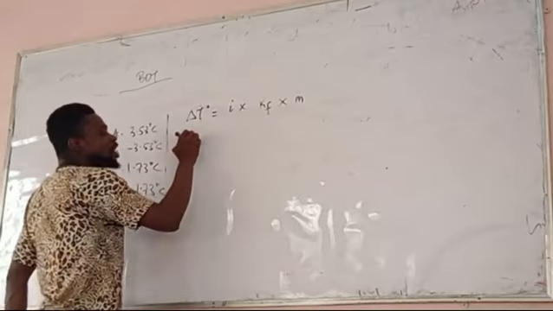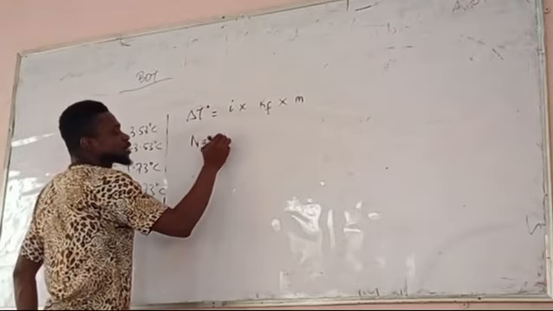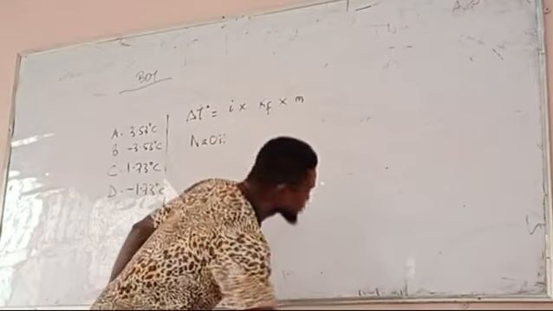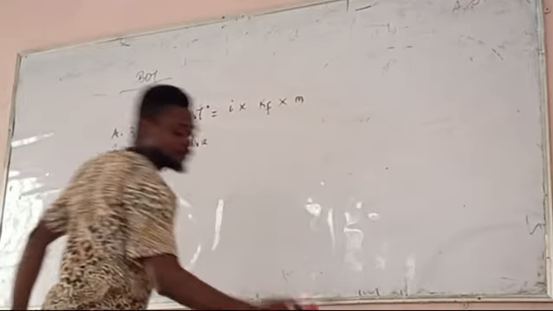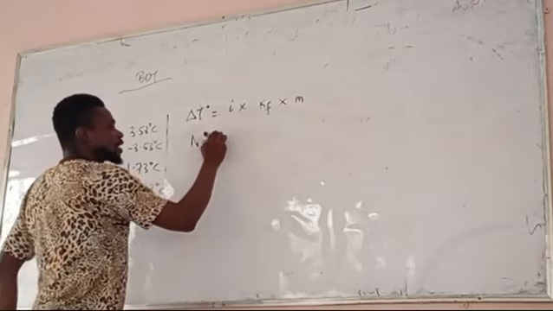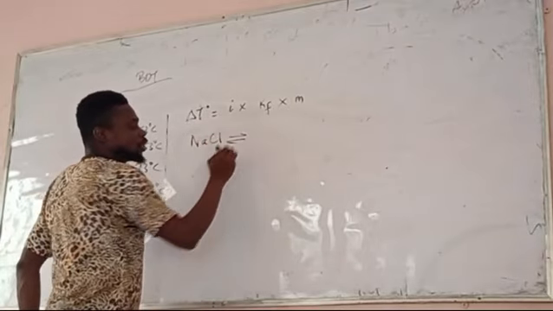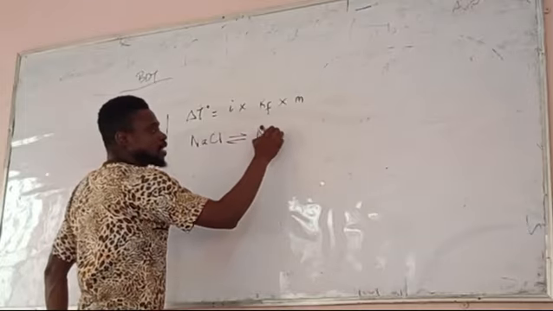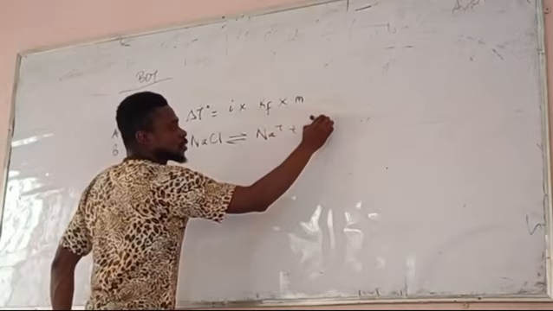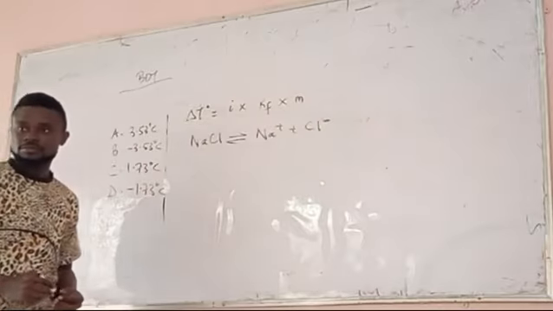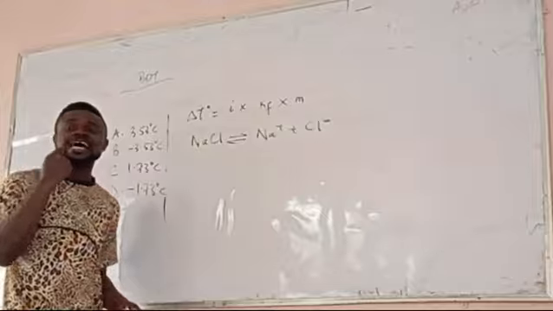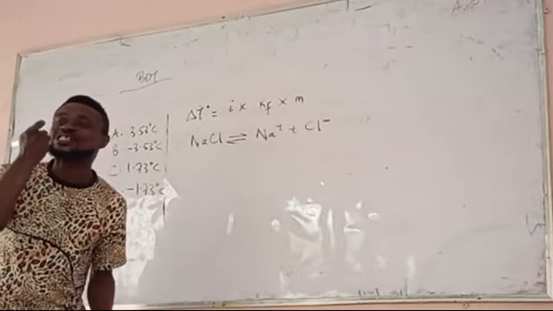So if sodium chloride comes in contact with water, I'm going to write it down. It dissociates into sodium ion plus chloride ion. The question said it has 90% dissociation.